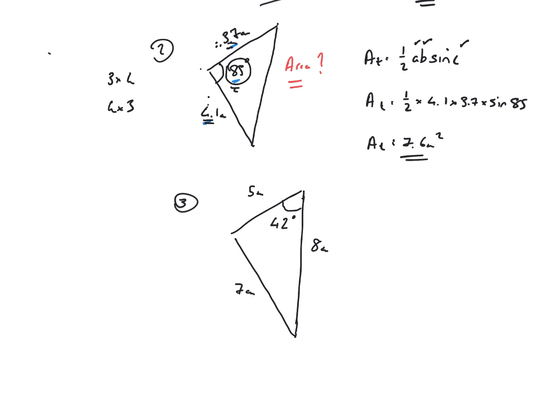Now the crucial thing is that I extract the right information. I need the two sides with angle sandwiched in between. So this side's been given to me, but I don't need it. I need the two sides and the angle sandwiched in between. So area of a triangle, half AB sine C. It's a half times 5 times 8 times sine 42.